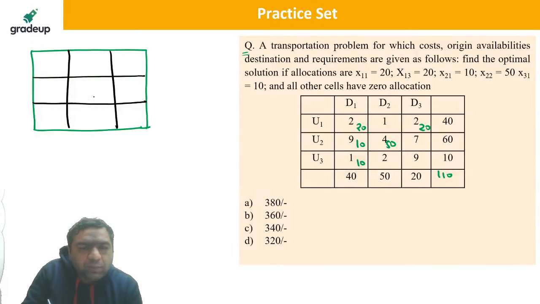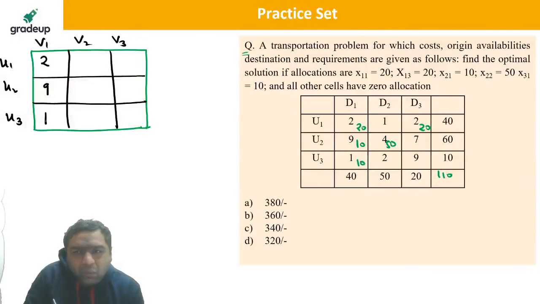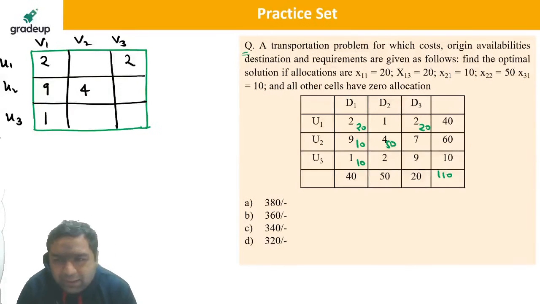So first of all, you will be assuming U1, U2, U3, V1, V2 and V3. So for allocated cells you will be writing 2, 9, 1, 4 and 2. These are the allocated cells.